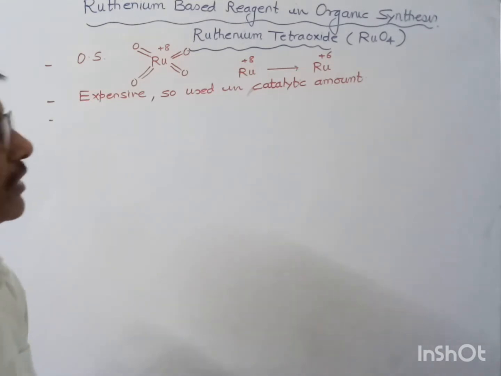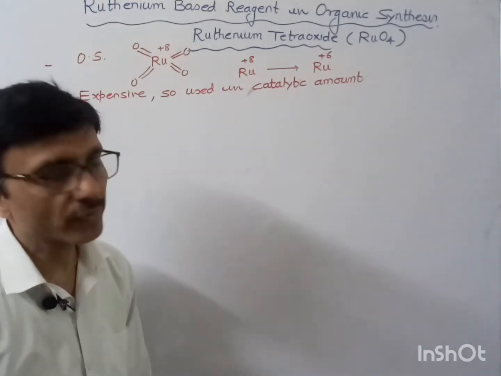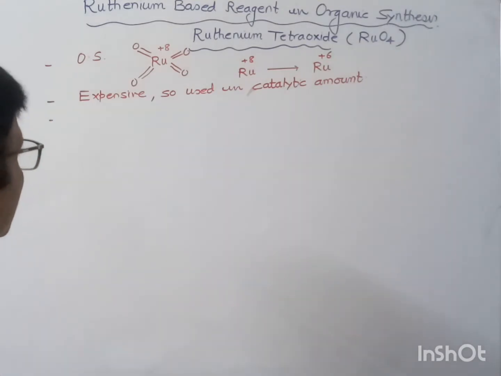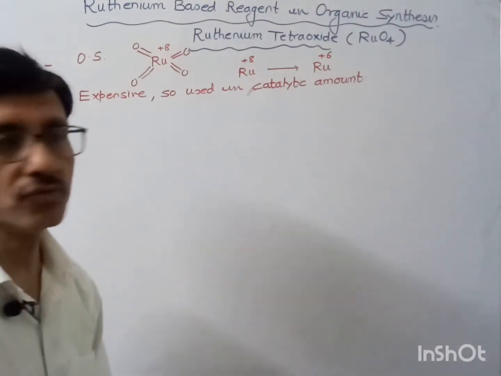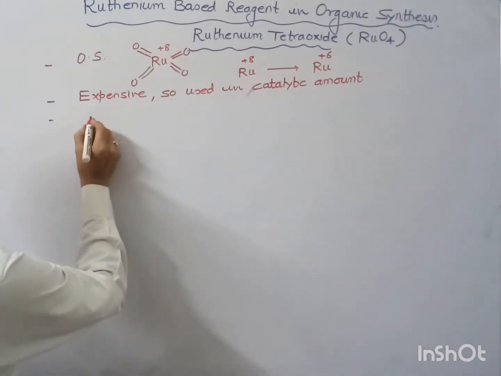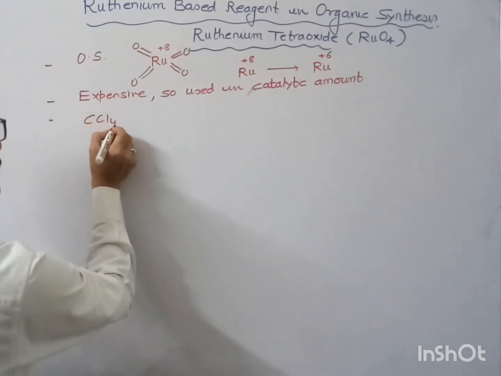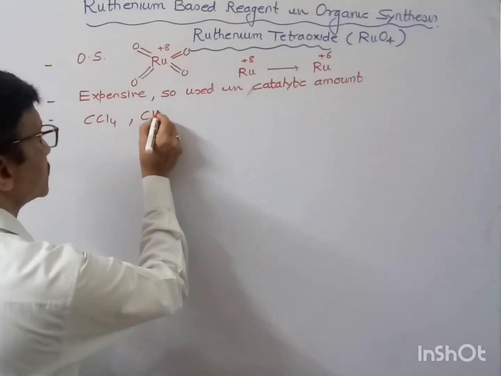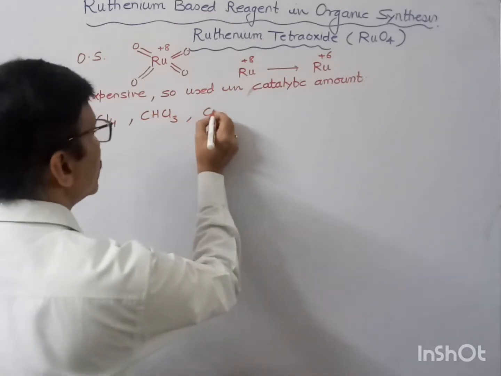When we use ruthenium tetraoxide, there are some solvents that we can use with it, like carbon tetrachloride, a halogen based solvent. Chloroform can be used, and chloromethane can be used.